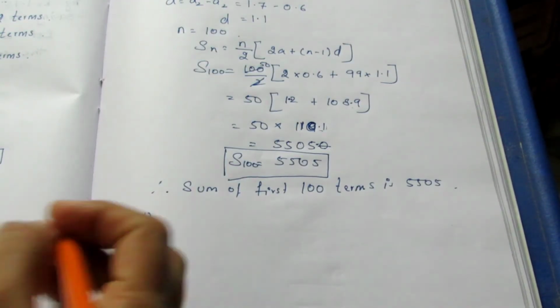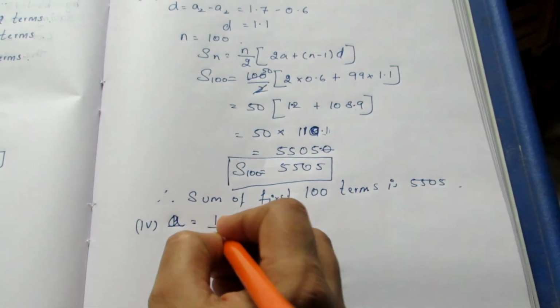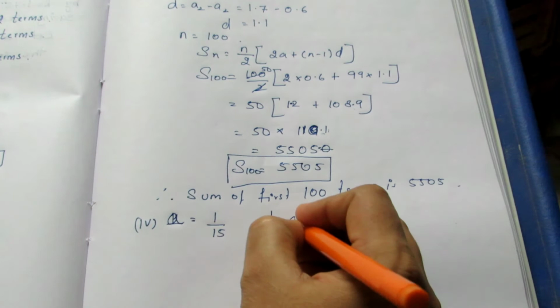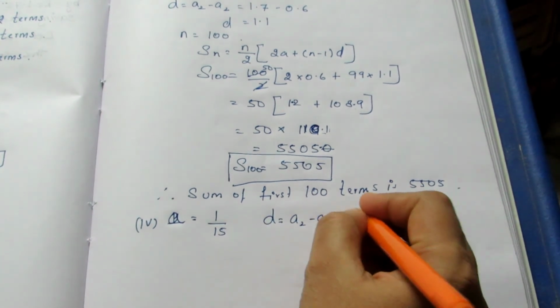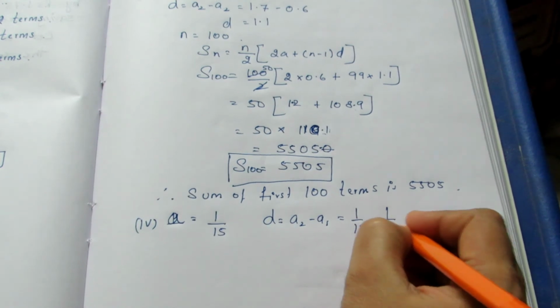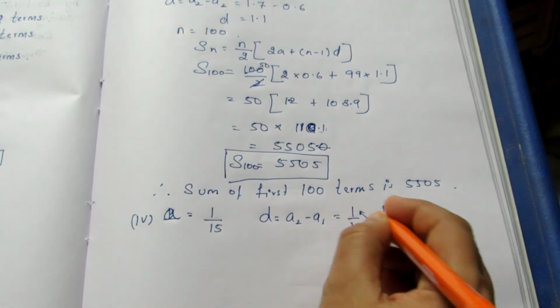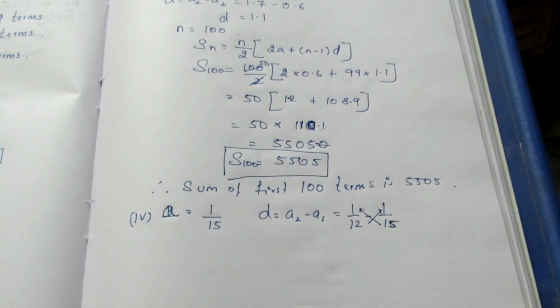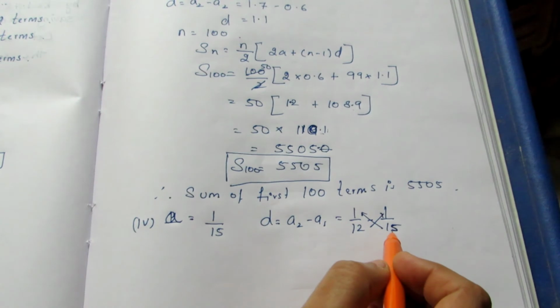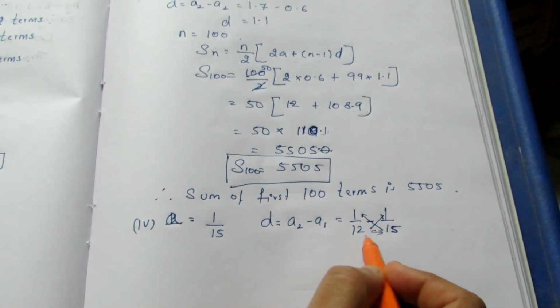In the fourth one the question is 1 by 15. So a is equal to 1 by 15. d is equal to a2 minus a1, which is 1 by 12 minus 1 by 15. Instead of taking LCM, you can directly multiply these two numbers. For the numerator, cross multiply, and for the denominator, multiply these two numbers.